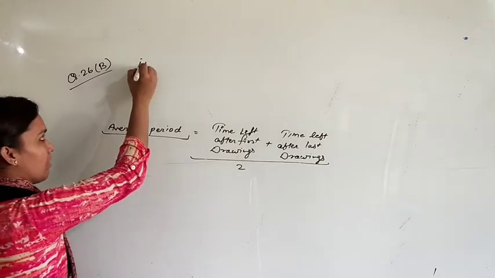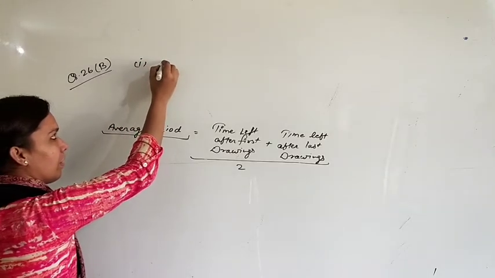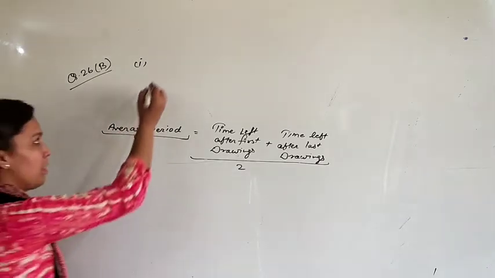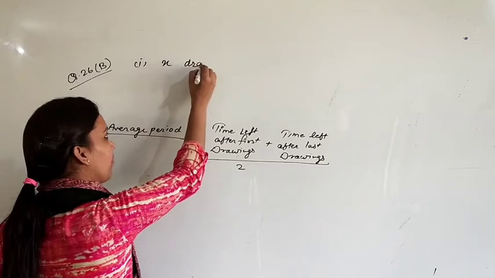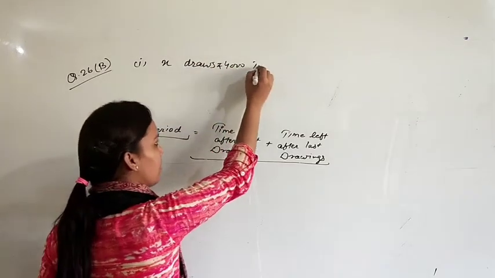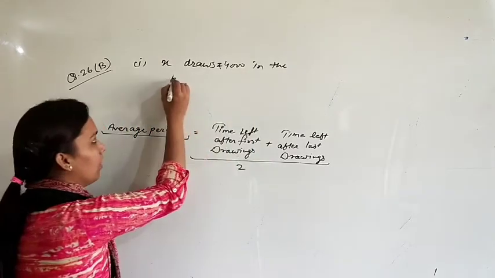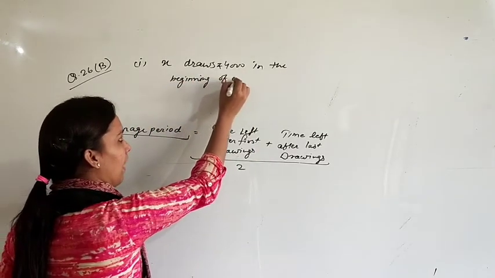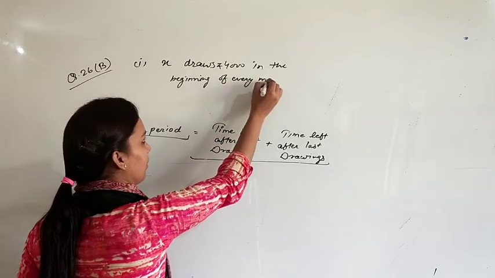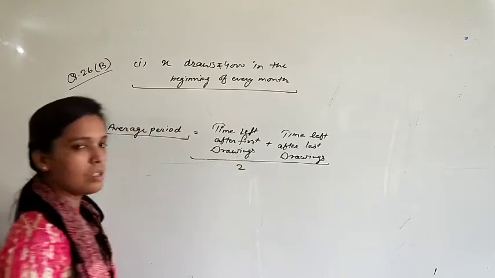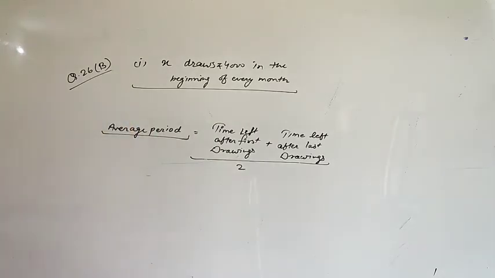So in the first case we will write who is the partner: X draws 4,000 rupees in the beginning of every month.